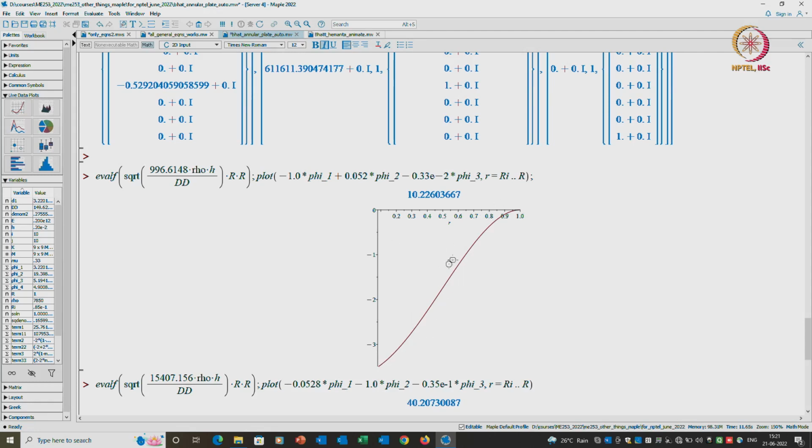So there is no node point. This is the shape in an axisymmetric manner. So you can rotate it about this vertical axis, that is the shape of the plate. So that is the very first axisymmetric mode with 10.22 as the non-dimensional resonance frequency.